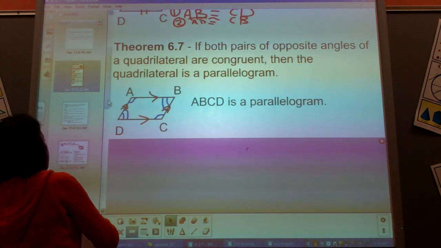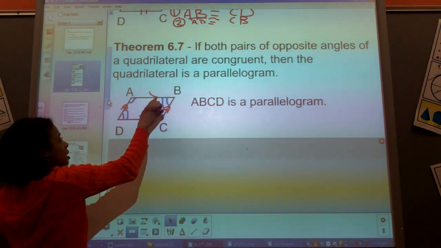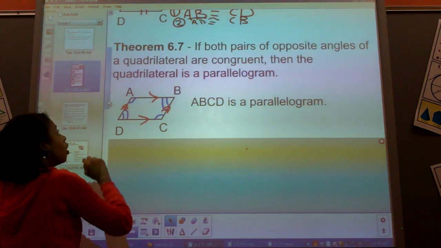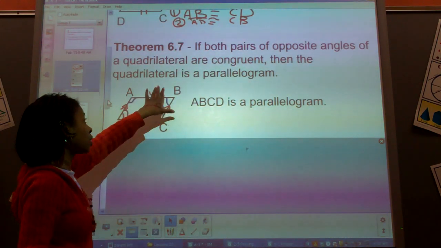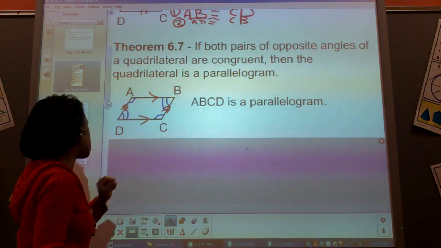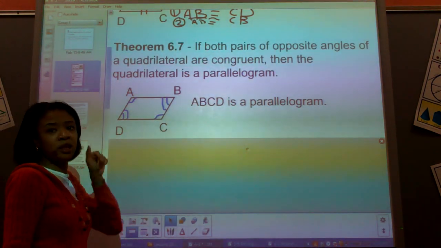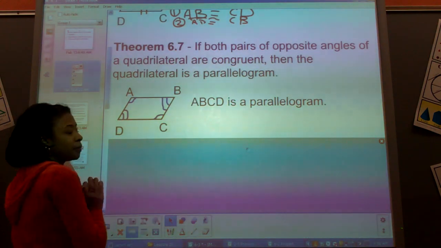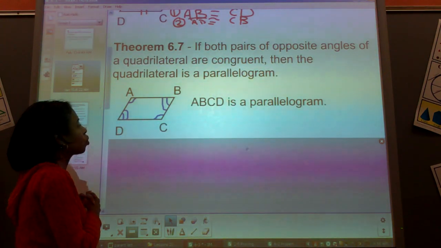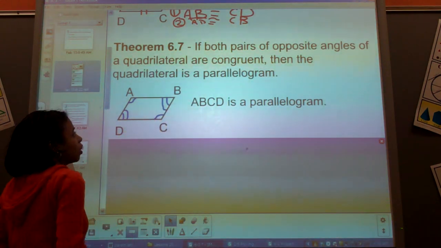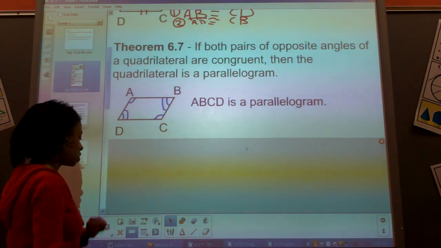Even if they don't mark the parallel symbols, I know this quadrilateral ABCD is a parallelogram if they give me the information that the opposite angles are congruent. So angle D is congruent to angle B, and angle A is congruent to angle C.